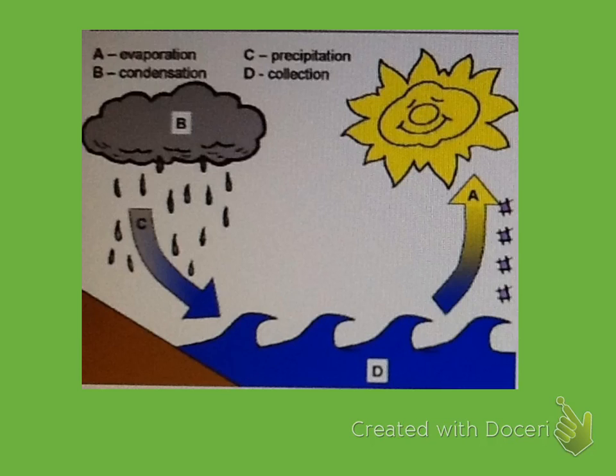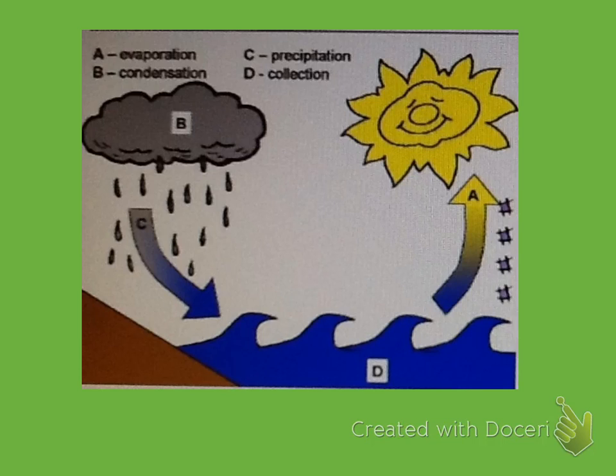The sun heats up water bodies such as oceans, rivers, and lakes, and turns the water into vapor or steam. The water vapor or steam leaves the river, lake, or ocean and goes into the air.